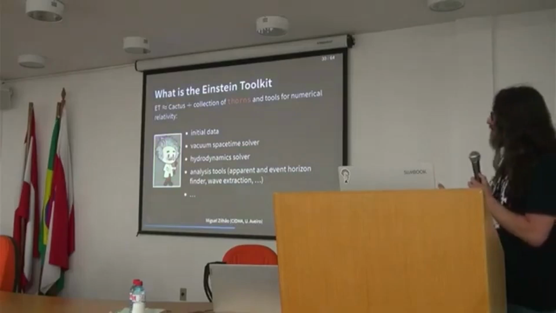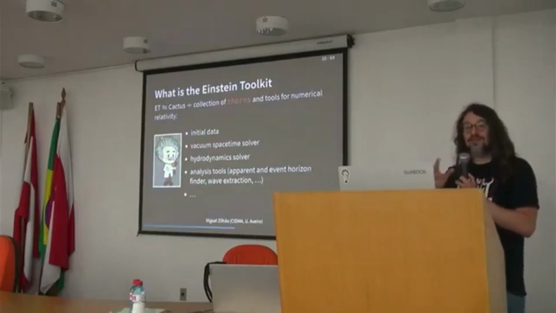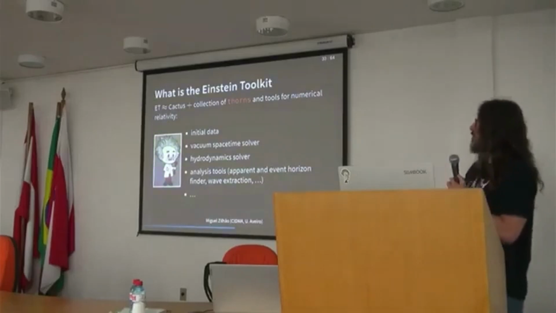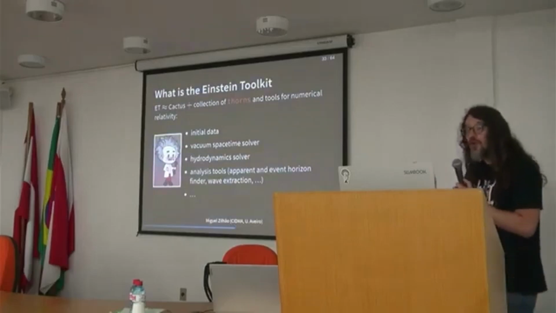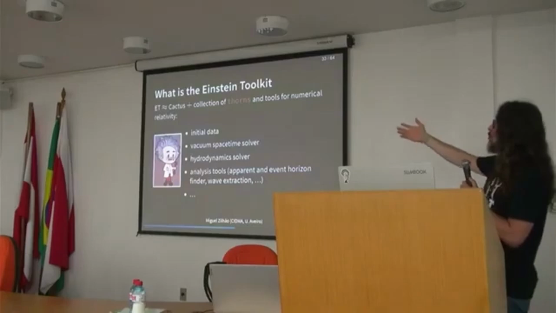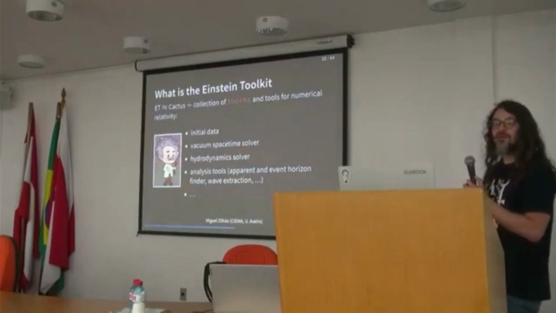The Einstein Toolkit is this framework that takes all of that infrastructure and adds specific tools, specific thorns in this language, and those are specific for numerical relativity, such as routines to compute different sorts of initial data that you may want to evolve.